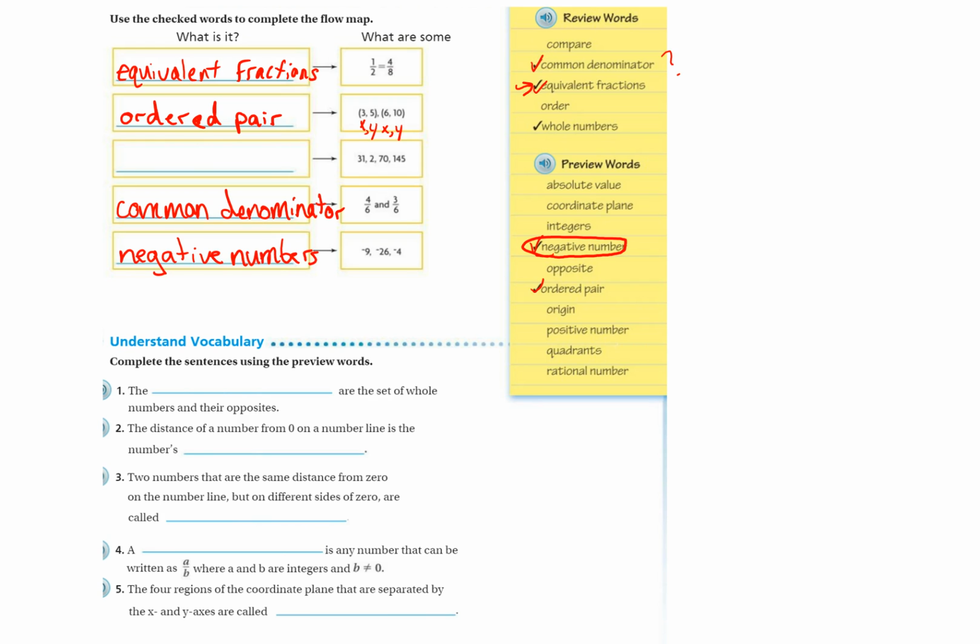We had said that this one could be a few, and my guess is, I don't have the teacher's edition with me, but since we have checked these four and this one still is left, I'm guessing they wanted all these checked answers here, and that definition would work for the example given. Those are whole numbers.